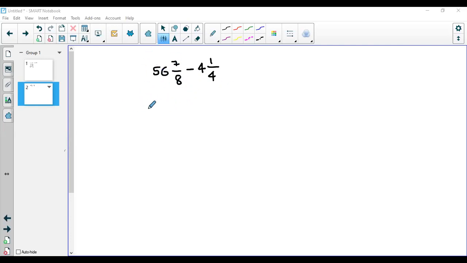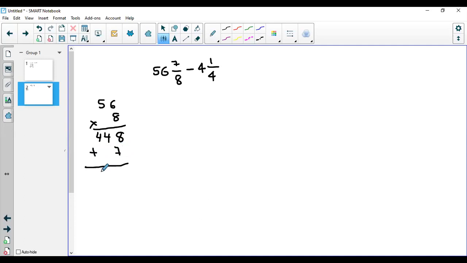8 multiplied by 56. So 56 multiplied by 8 is going to give you how much? That will give you 448, and then you add the 7 which is in the numerator. So first you multiply the 8 with 56 and then you add the 7.